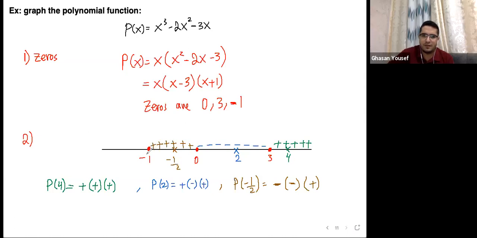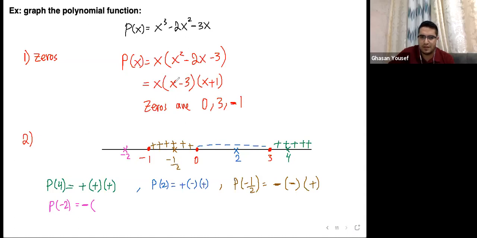Now pick any number less than minus 1. Minus 2, correct. Plug the minus 2 inside the polynomial. B of minus 2. Minus 2 here is minus. Minus 2 times minus 5, this is minus 5 because minus 2 minus 3 is minus 5.